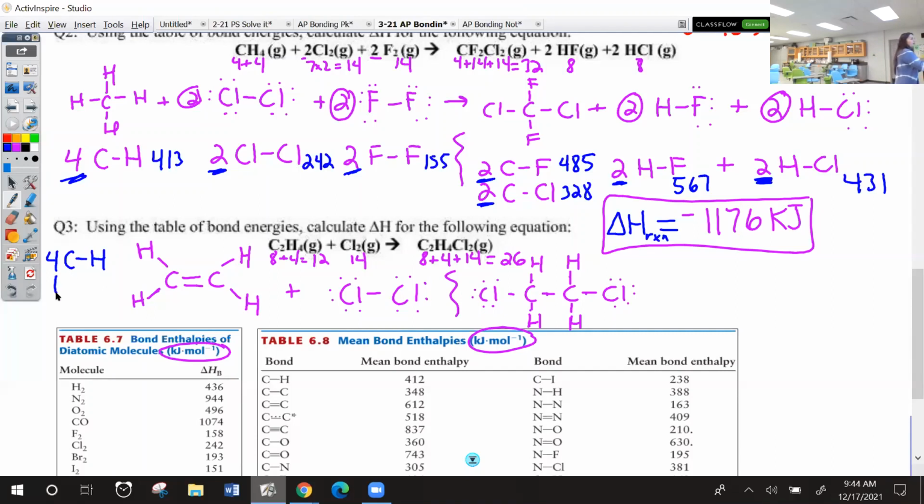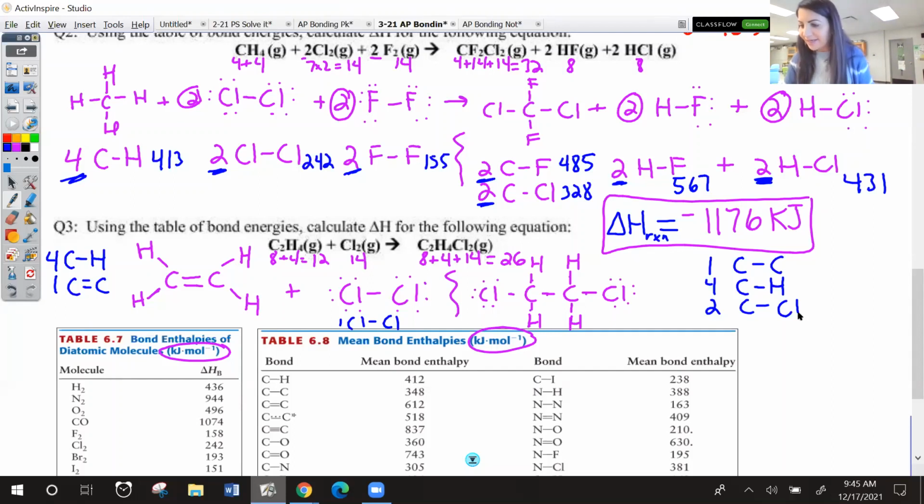And then I have 1 C double bond C. And then over here, I just have 1 Cl-Cl. And then here I have 1 CC. And then I have 1, 2, 3, 4 of the CHs. And then 2 of the CCls. So just make sure you don't forget the central one, okay? Because that tends to happen on a quiz or a test, or the exam, people forget the one in the middle. So don't forget the one in the middle, okay?